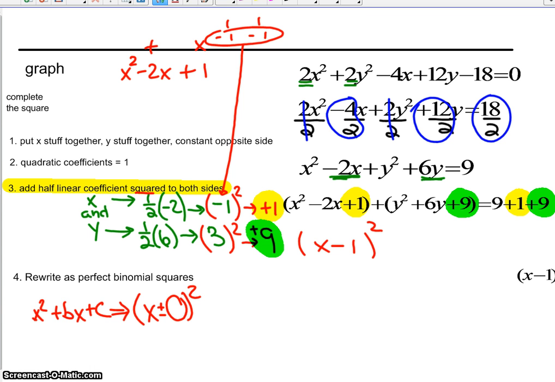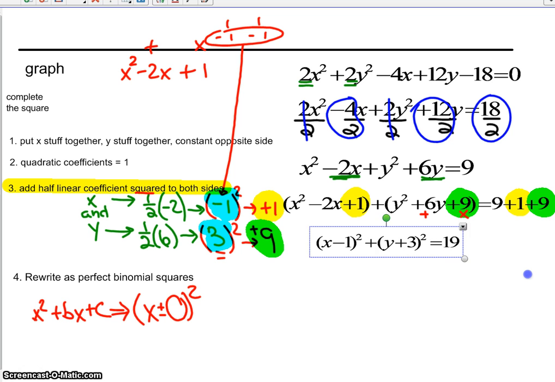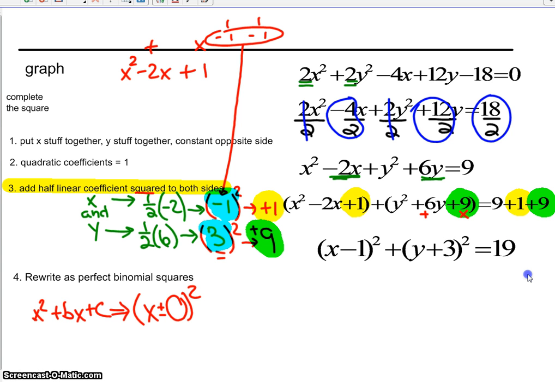There's my perfect binomial square. For this one, two numbers that multiply to 9 and add to 6: 3 and 3. So these numbers are getting used yet again when I rewrite them as a perfect binomial square. The right side, 9 plus 1 plus 9, there's my 19.